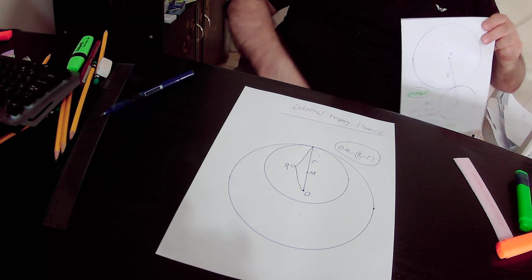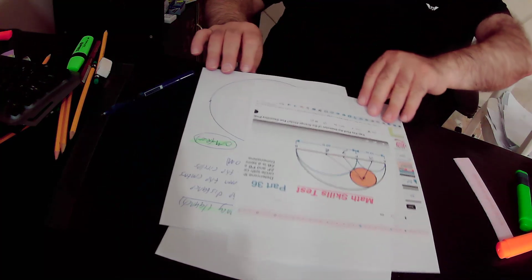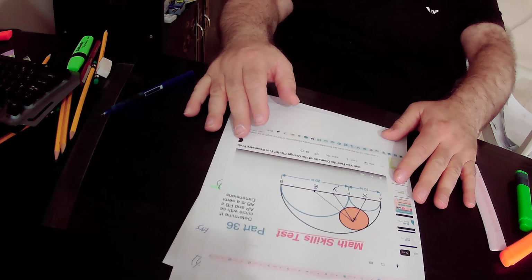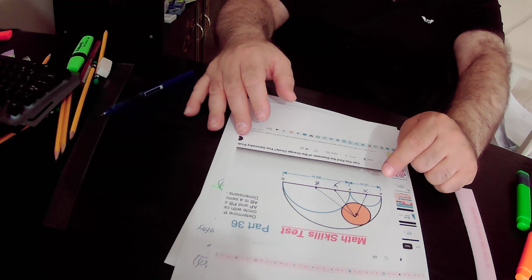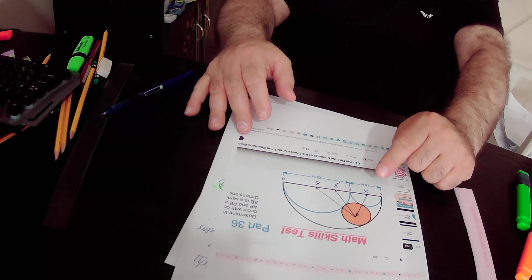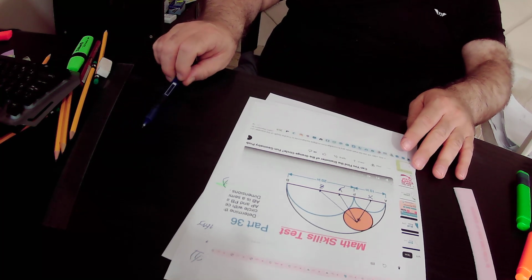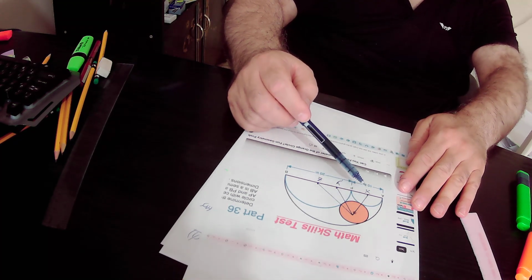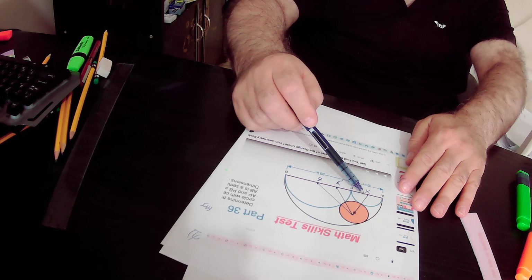So according to this rule, we'll calculate the distance between the center of the orange circle, located at point C, and the centers of the other semicircles, located at points X, Y, and Z. So what is the distance CX between the center of the orange circle and the center of this semicircle?